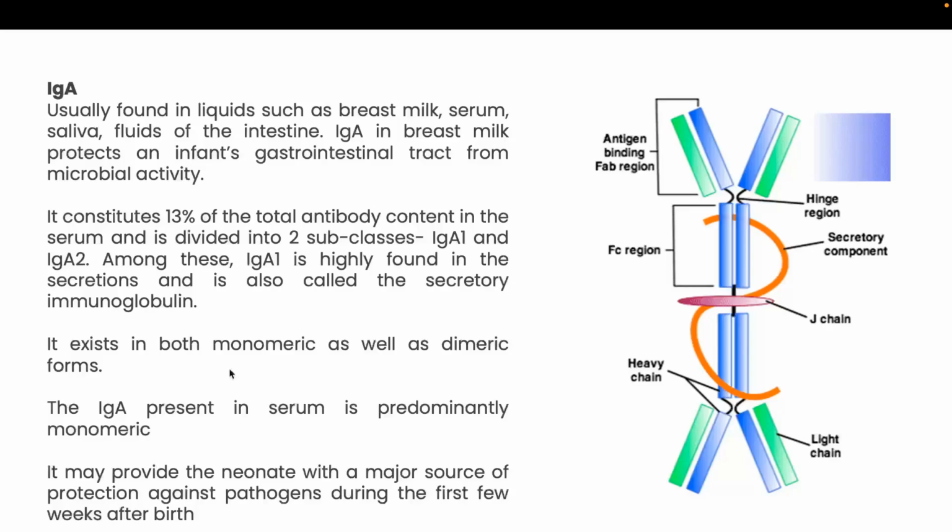Among these, IgA1 is highly found in the secretion and is also called the secretory immunoglobulin. Whatever secretory antibody there is, it is mainly IgA1, not IgA2, which has the higher concentration in the secretory antibody.